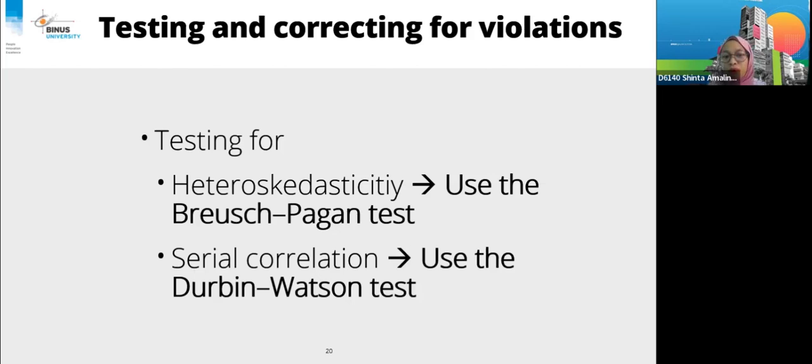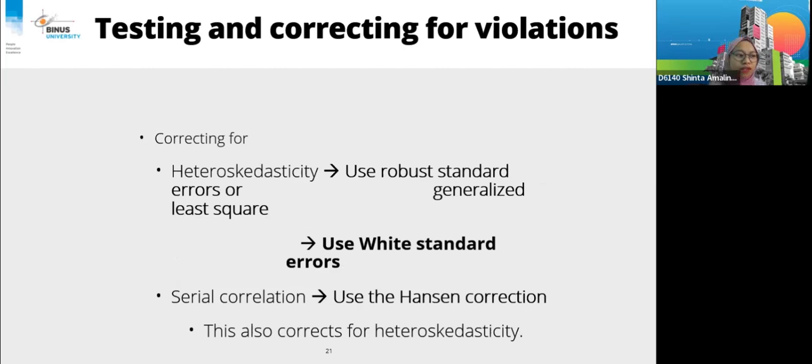But once you run the data and see the results, and you see there is an issue of heteroscedasticity and serial correlations, you simply need to use the robust standard error to correct the issue of heteroscedasticity and serial correlations. Using this robust standard error will simply solve your problems.